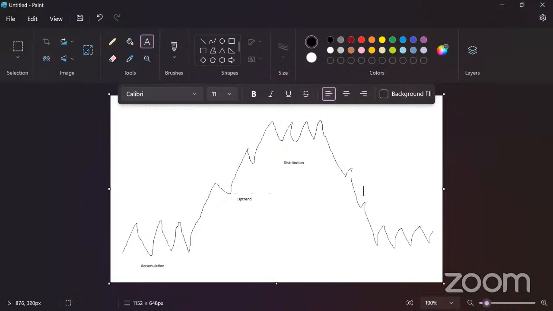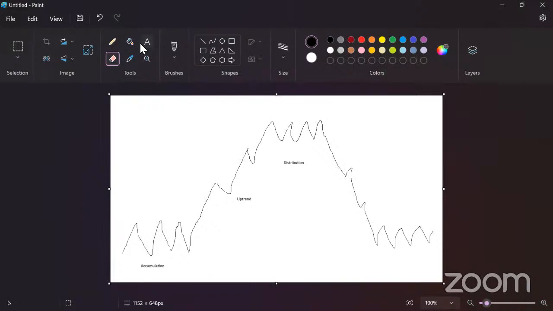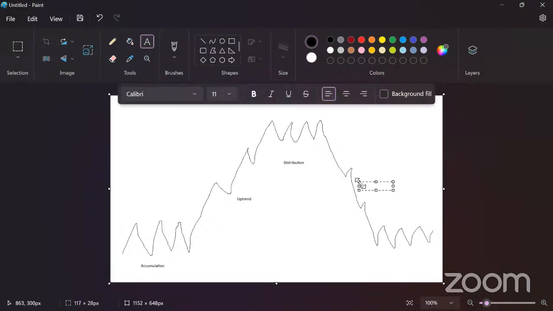Finally, downtrend. Yeah, so just have a look at this chart over here again and what we were talking about.